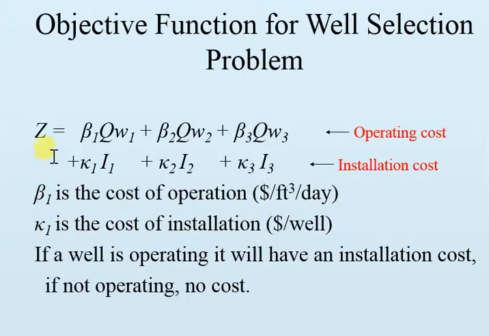So the way this works is that if QW1 is selected to operate, the associated binary variable will take a value of 1 there, and the cost of installation of that well will be added to the objective function, along with the operating cost at whatever flow rate is selected for well 1 that will be added to the objective function.